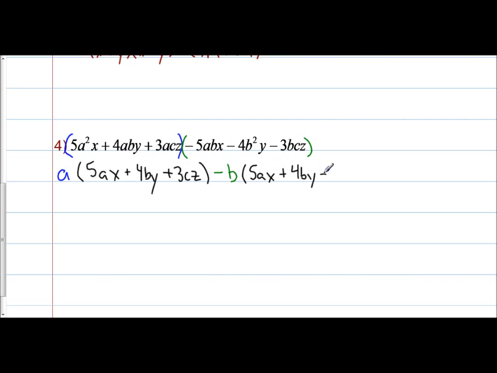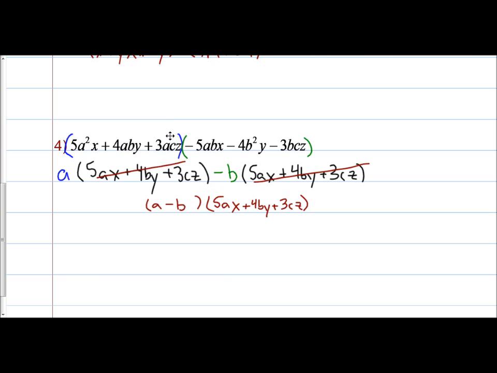My parentheses match, and so I can factor that out, 5ax plus 4by plus 3cz, and what remains on the outside is my a minus b. And so I have my final answer.